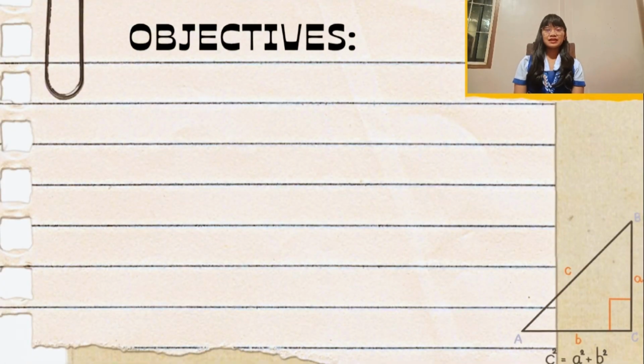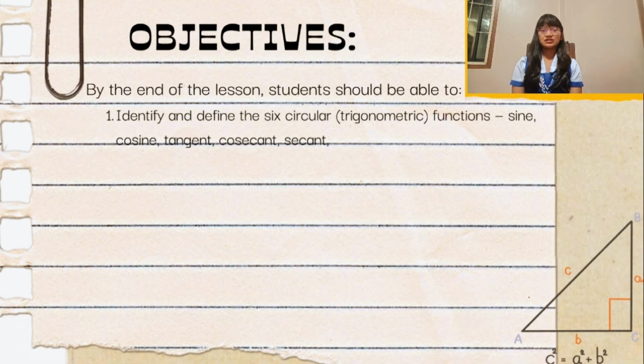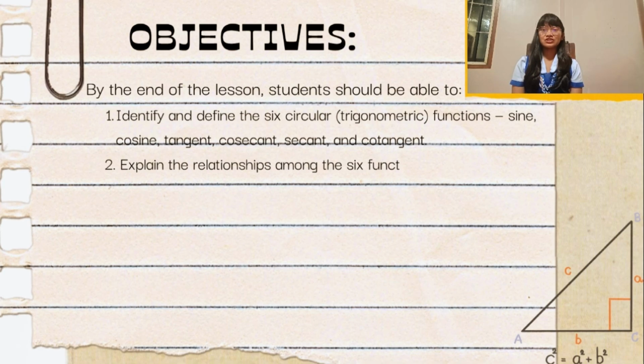Before we begin, let's make this interactive. Everyone, please read along with me our lesson's objectives. By the end of this lesson, you should be able to: 1. Identify and define the 6 circular trigonometric functions: sine, cosine, tangent, cosecant, secant, and cotangent. 2. Explain the relationships among the 6 functions using the unit circle. 3.